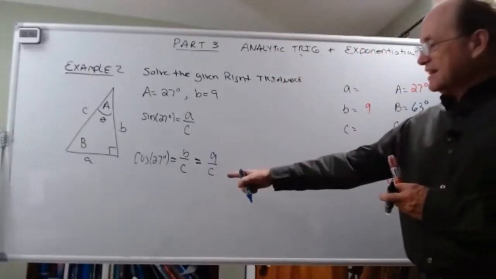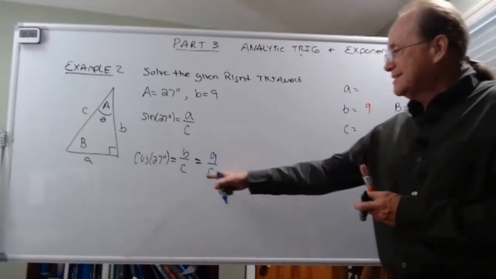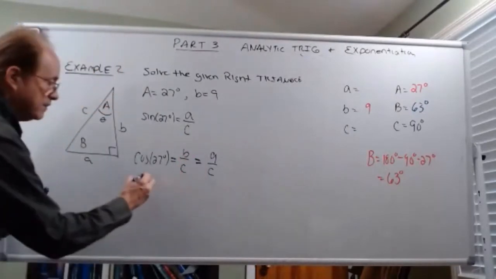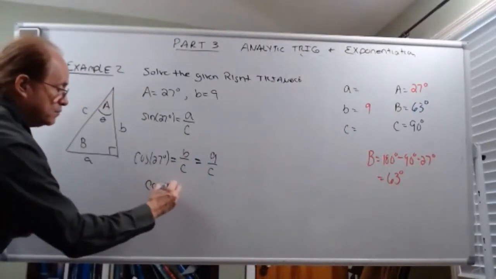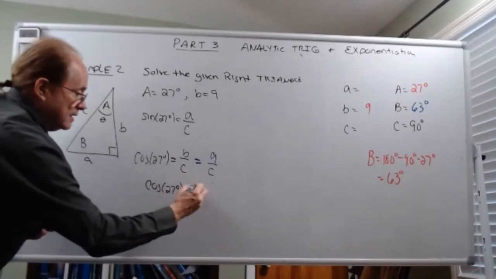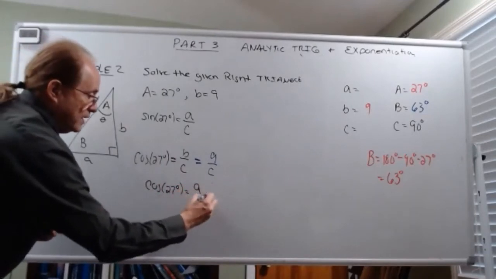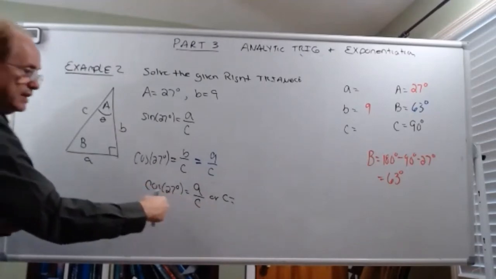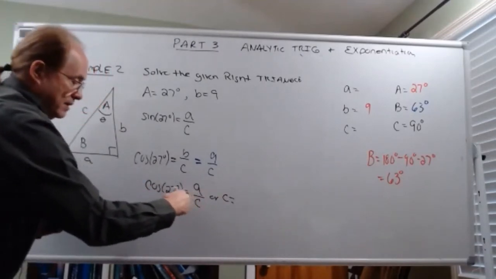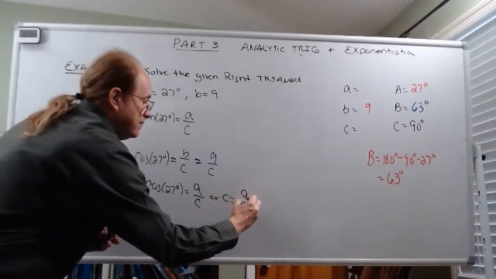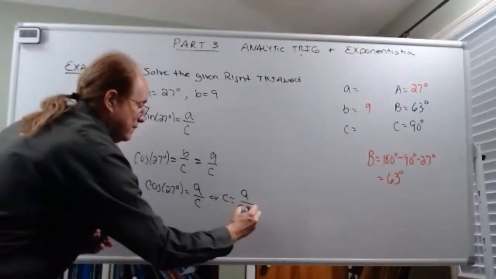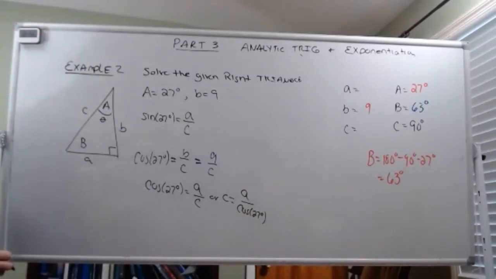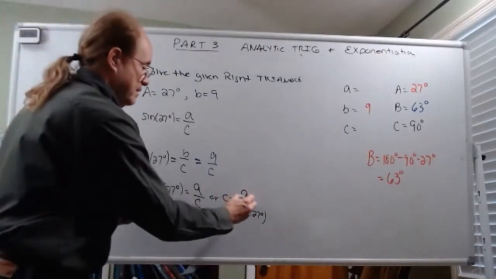What this enables me to do is solve for C. I have the cosine of 27 degrees is equal to 9 over C, or if I flip these and multiply by C, C is equal to 9 divided by the cosine of 27 degrees. So does that make sense? Not A, but 9.